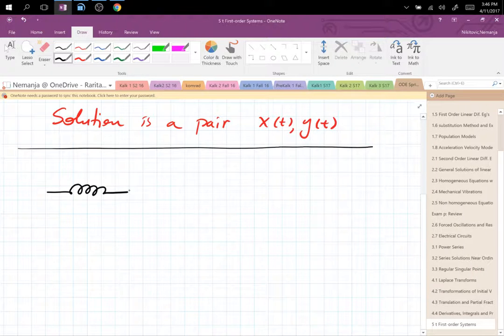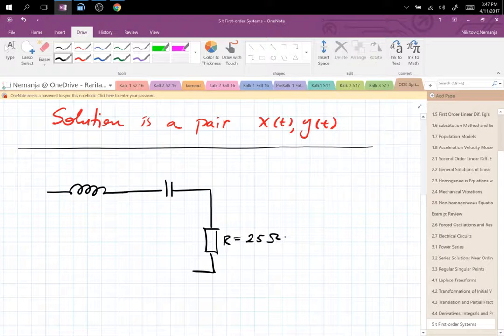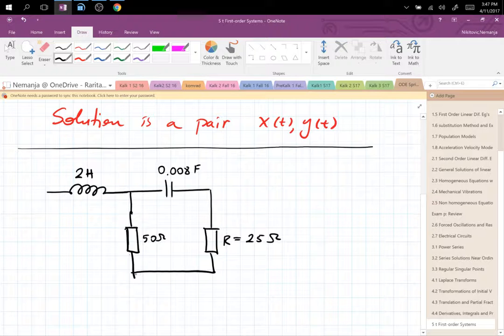We have the inductor connected to the capacitor, which is connected to a resistor, R, 25 ohms, capacitor, 0.008 farads, inductor, 2 henries, with another resistor, which is 50 ohms, and all of that goes into a source which is 100 volts.